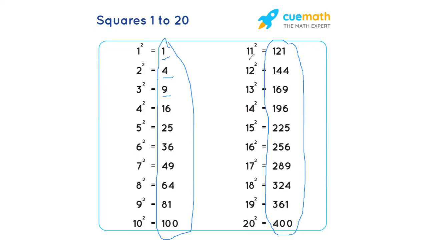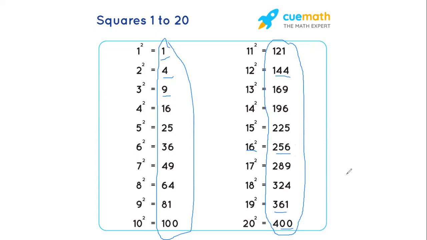For example, 12 squared is 144, a perfect square. 16 squared is 256, also a perfect square. Going on, 19 squared is 361, a perfect square. 20 squared is 400, a perfect square.